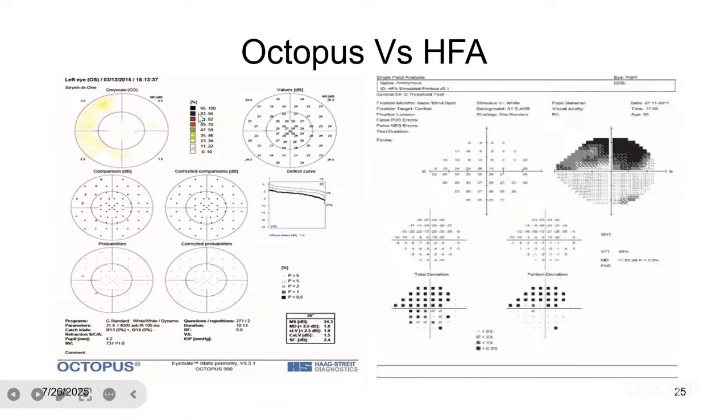So with this color, you can extrapolate what the raw data would be at that area, while the Humphrey actually gives you the raw data on the scale. And then another thing to note is that while we have a Bebie curve in the Octopus, most of the time we don't see a Bebie curve in the Humphrey. So that's just to put side by side the different printouts of Octopus and Humphrey field analyzer.